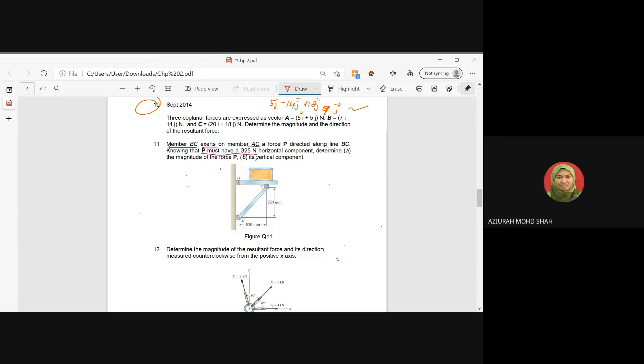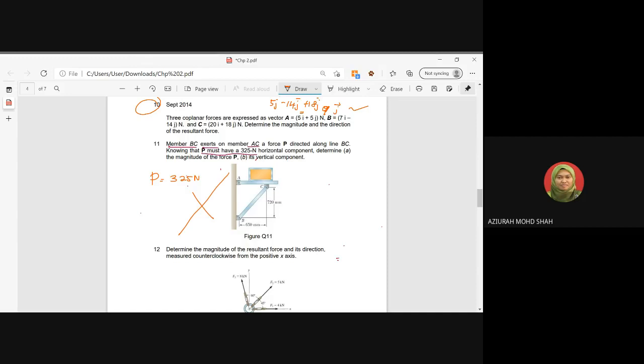Okay, P is 325 Newton. So P ni apa? Magnitude for the resultant force or what? Kalau you tulis P is 325 Newton, I can say that is totally wrong. Tak cukup information.